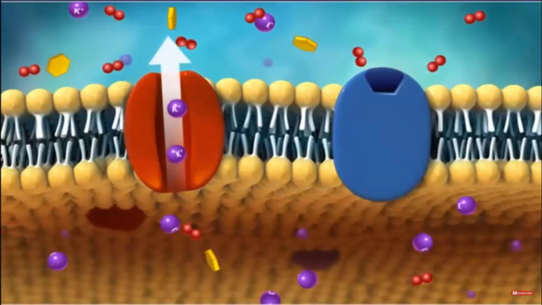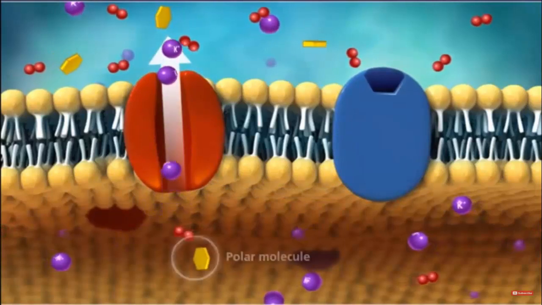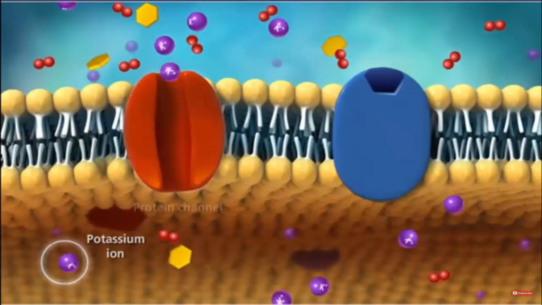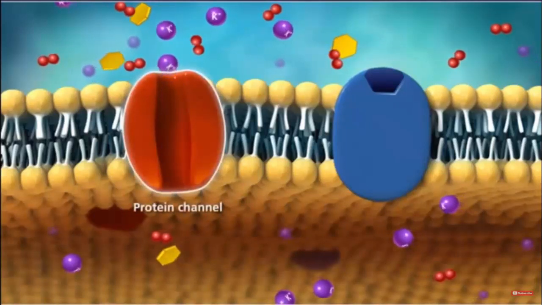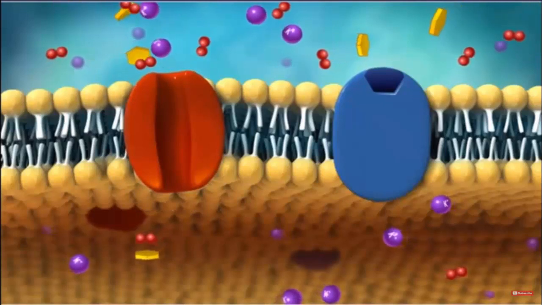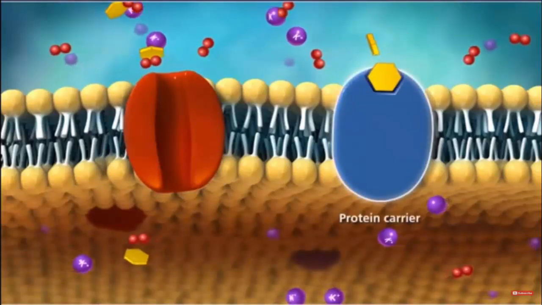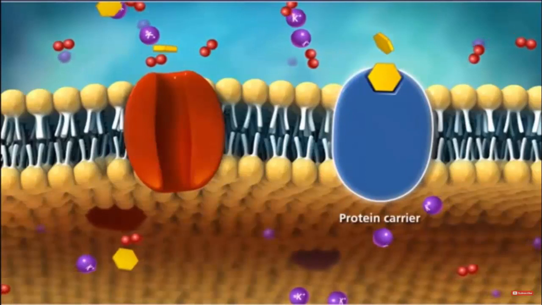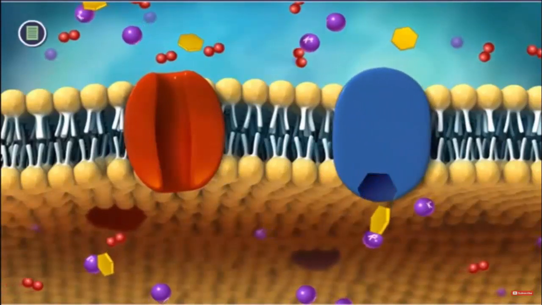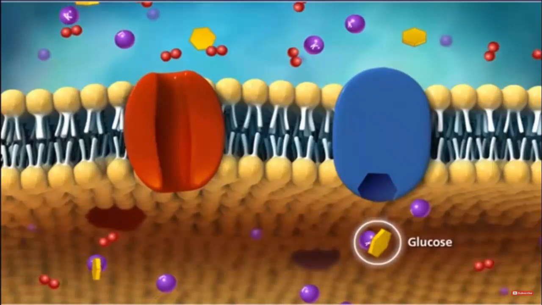Through facilitated diffusion, larger molecules, polar molecules, and charged ions use channel proteins embedded in the bilayer. The transport of other substances requires a special carrier that will bind the substance on one side of the membrane, which triggers a conformation change in the protein carrier, causing it to release the substance on the other side.